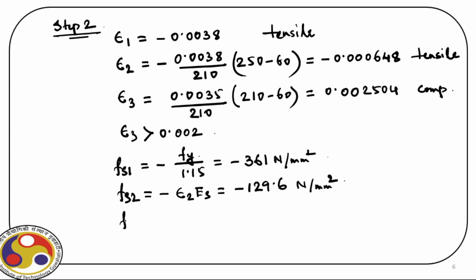Then finally, fS3 corresponding to this value of strain, which is again more than 0.002, and the value is 345.2 Newton per millimeter square. Right. Okay.